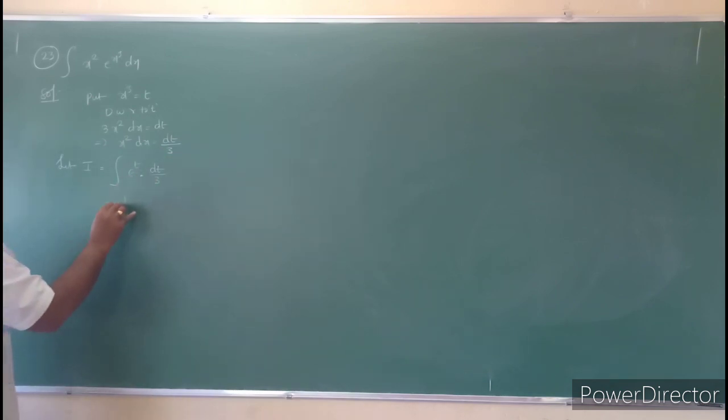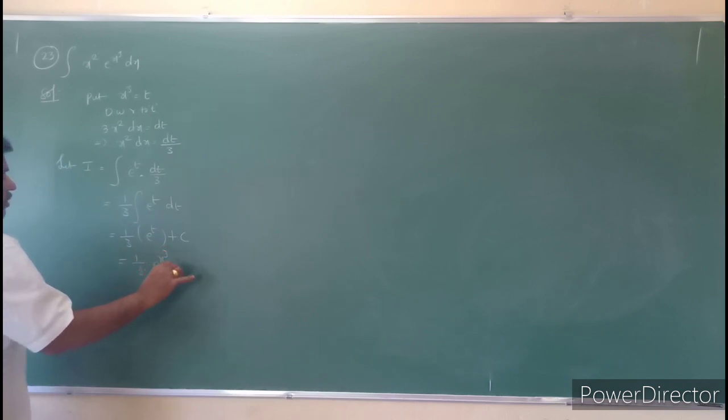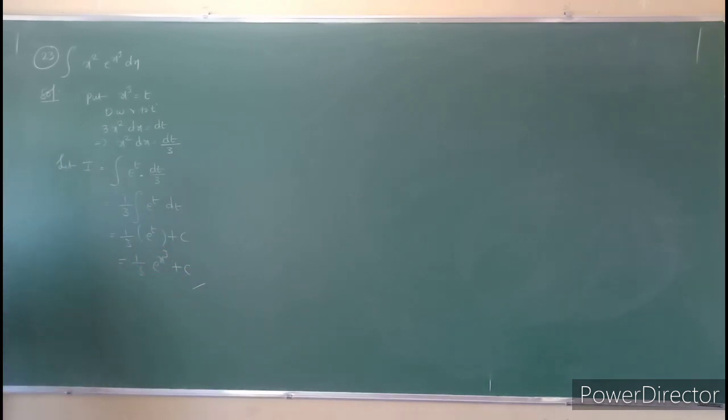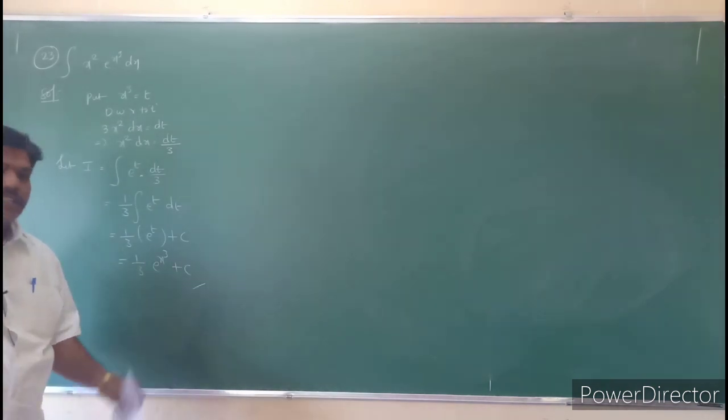So that is equal to 1 by 3 into integral of e power t into dt, so that is equal to 1 by 3 into e power t, and the integration of e power t is e power t plus c. What is the t value? It is x cube. So 1 by 3 into e power x cube plus c.